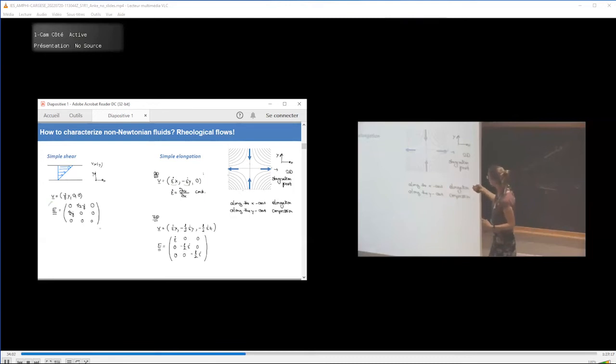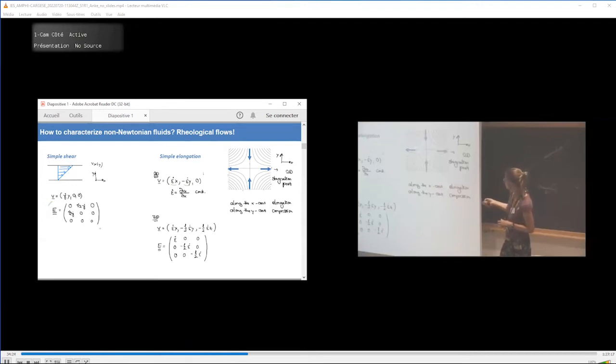And at the stagnation point, when the fluid comes in here, it will decelerate until a point where the velocity is 0, and then will accelerate again. While you decelerate, you compress your fluid elements, and while you go out, you stretch your fluid elements.